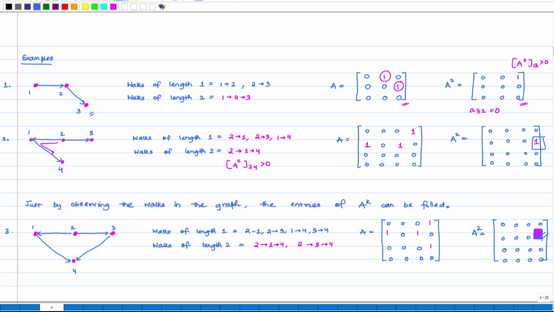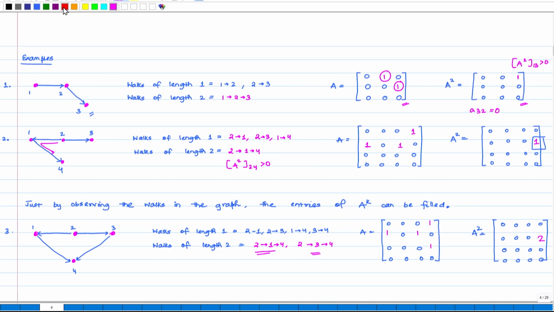So, this leads to the question of counting the number of walks in a graph. How do we count how many walks of length 2 exist? In this case actually, since this is not a weighted graph, a very simple thing happens. If we solve it completely, we will get this value to be equal to 2, and we see that there are actually only 2 walks of length 2, and the entry of A24 is also equal to 2.